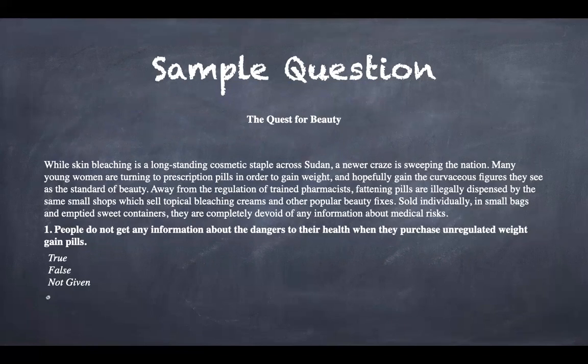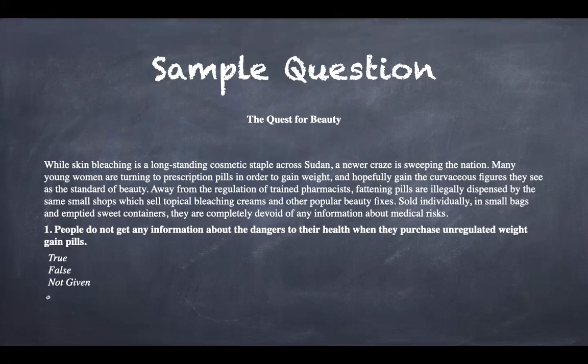Clearly here you can see that the whole passage talks about these pills and how they work. However, the last sentence clearly tells you they are sold individually in small bags and emptied sweet containers. They are completely devoid of any information. So it is saying the same thing as the statement.